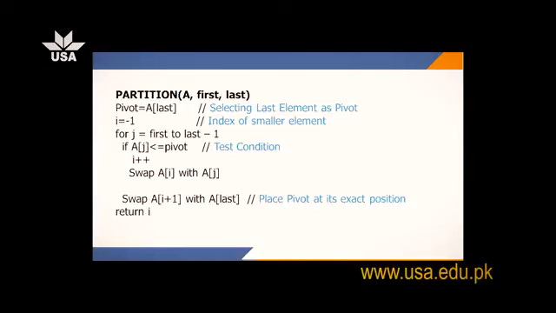In this case, the for loop has an if condition, which is our test condition. The test condition tests whether the value compared with the pivot is greater or smaller, so that we can adjust the value on the left or right side respectively.